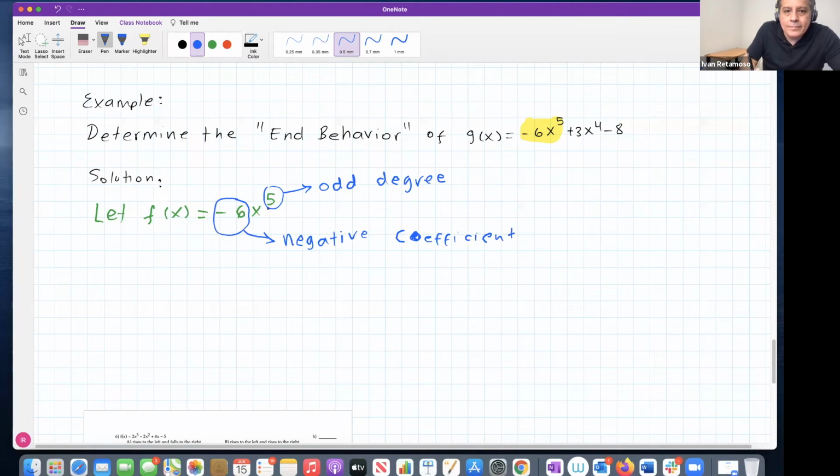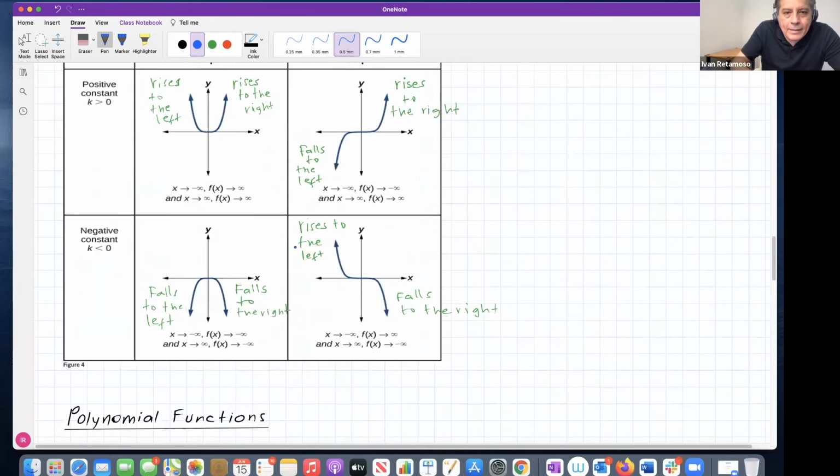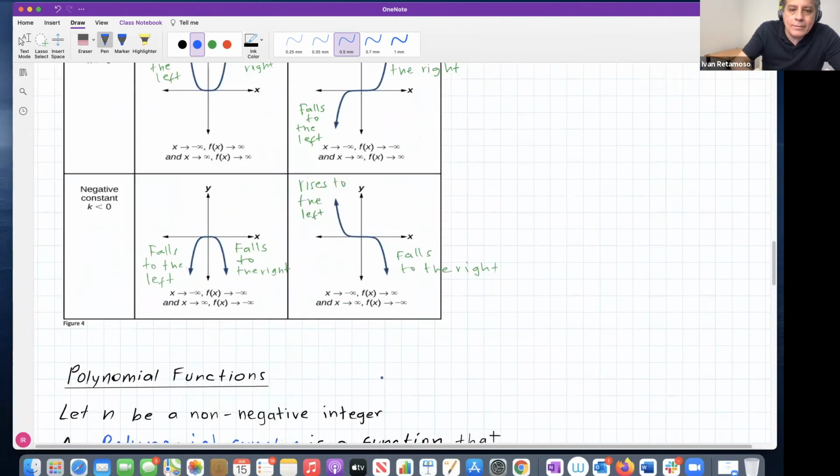With these two, we go back to our table and try to remember what the end behavior is. Odd exponent and negative coefficient, k less than 0. Odd exponent with negative coefficient shows this chair-like function, but it's a decreasing chair. So this is what you have to consider here.